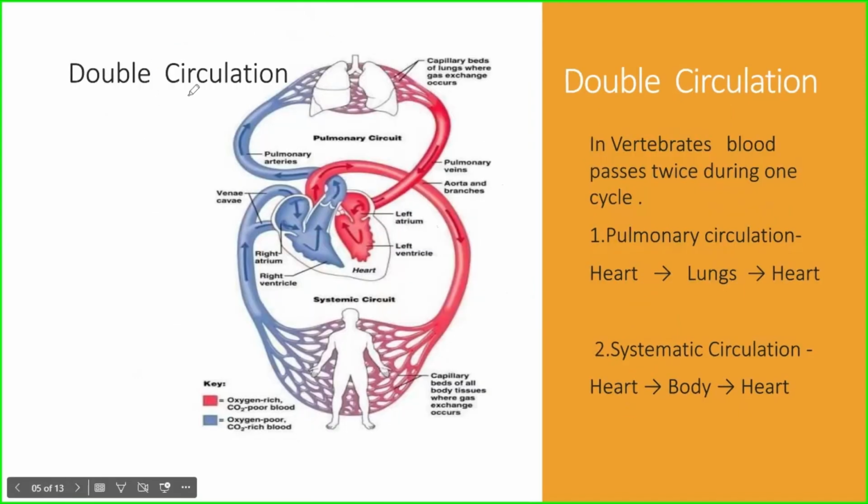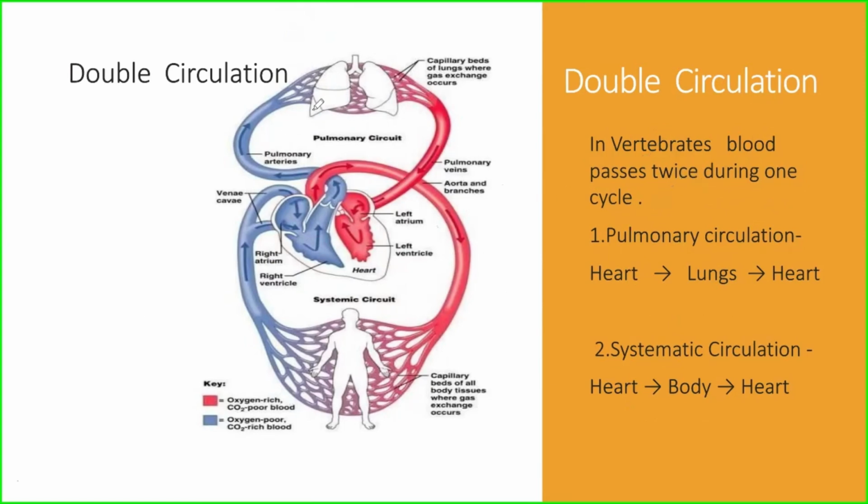Double circulation. Double circulation means blood passes two times through the heart during one cycle. In vertebrates like humans and birds, blood passes twice during one cycle.